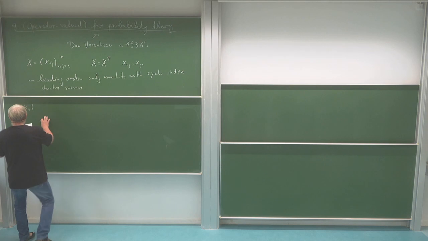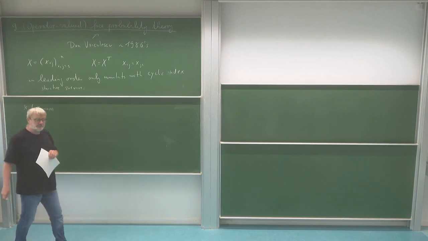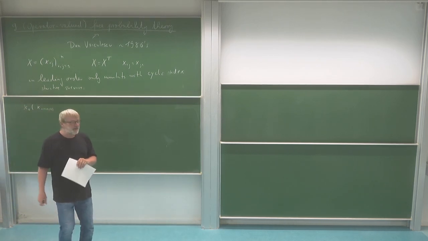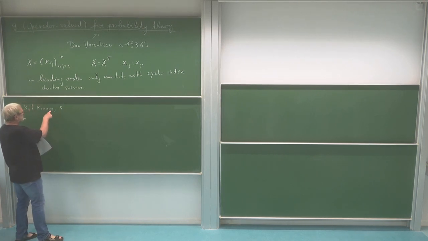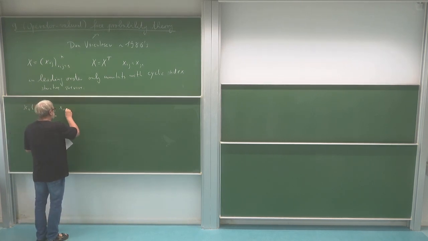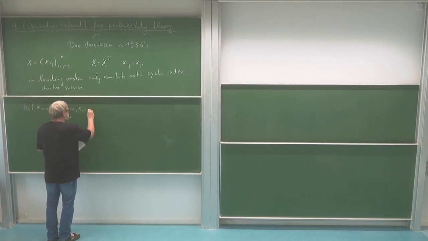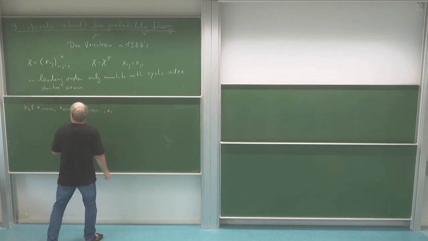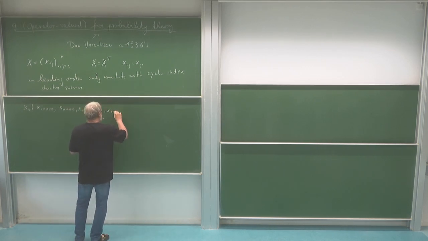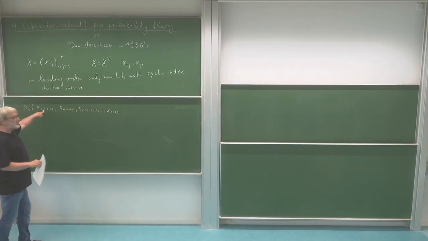Namely, only the index structure where, for the first entry, I have i1, i2, but then the second entry X must have the same index again, so I have i2 and then i3. The next one must repeat this i3 and then have an i4, and so on, up to the last one, which has to repeat the iL which I had before, but then the last one has to be the same as the first one.